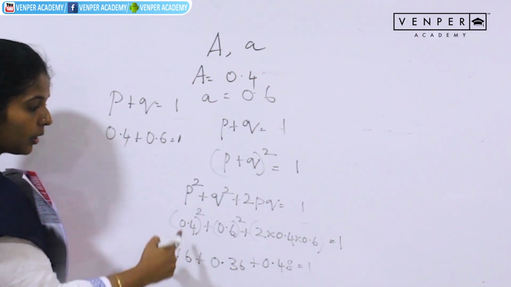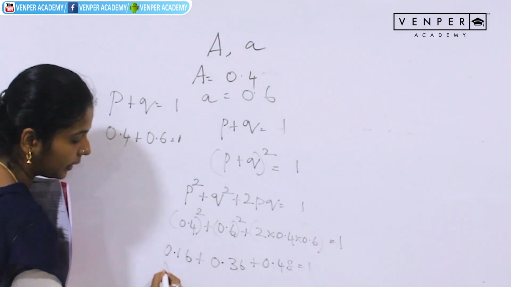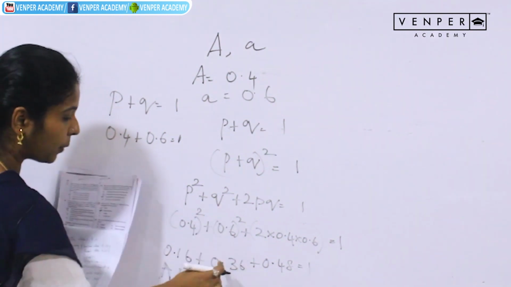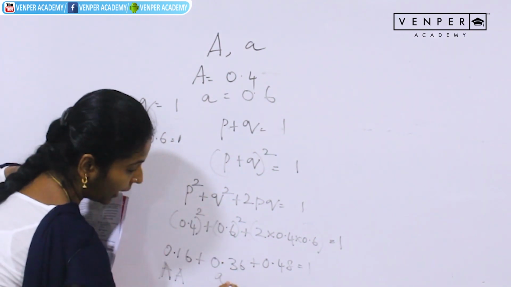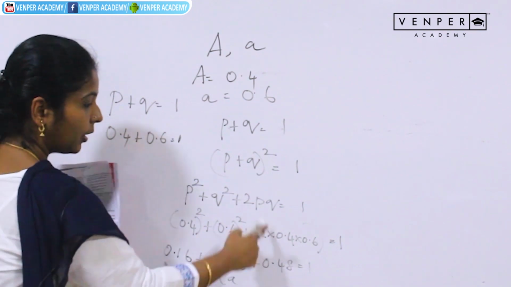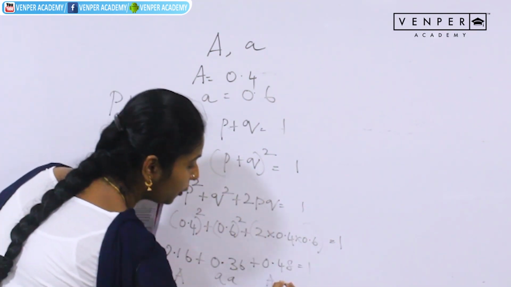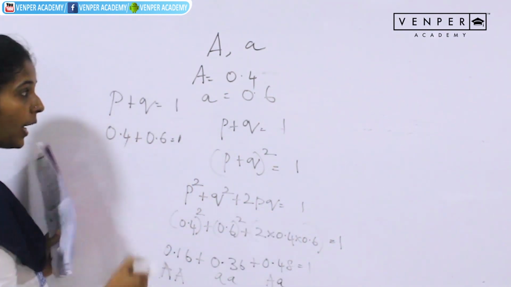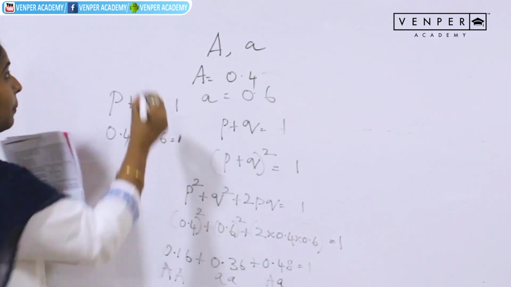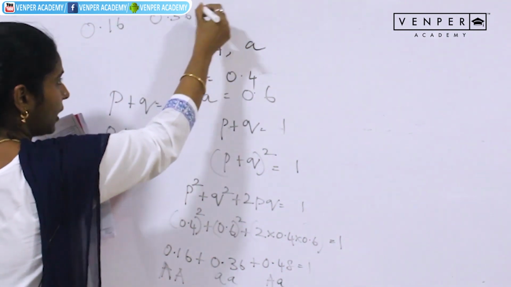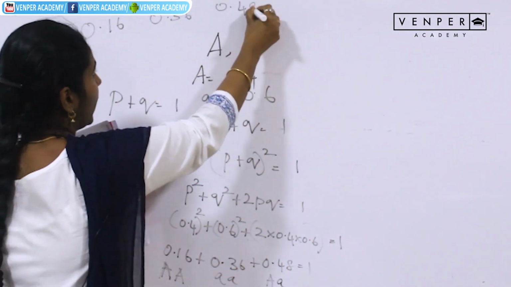So from the equation, p squared is double A, q squared is double small a, and 2pq is, p is capital A and q is small a. So the ratio of this will be 0.16, 0.36 and 0.48.